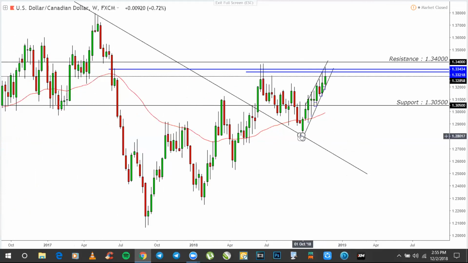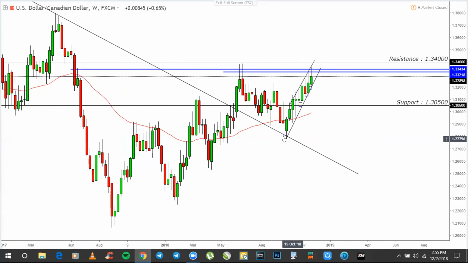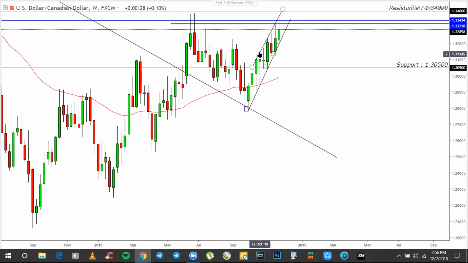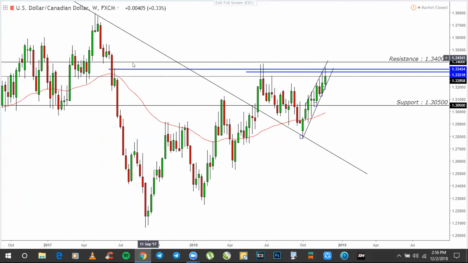We tested the trend line with a support of 1.28 and bounced off from that point. Currently, we have again reached the price around 1.33500, which is quite a good resistance level.